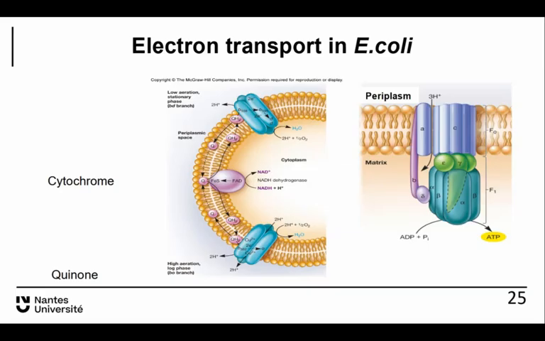So the electrons are transported from NADH onto quinone. Quinone is what? Quinone is this molecule. It's a hydrophobic organic molecule, so it always stays dissolved in the plasma membrane. The business end of this molecule is this head group.